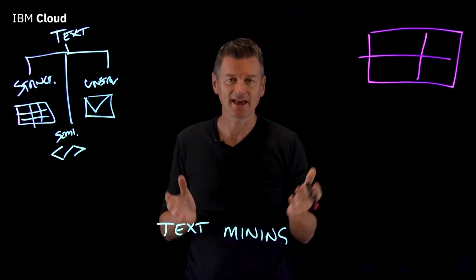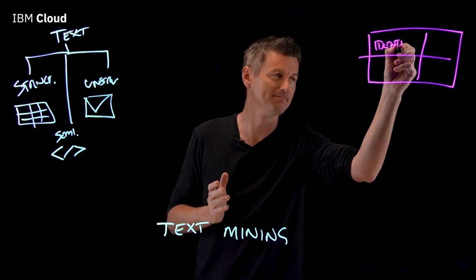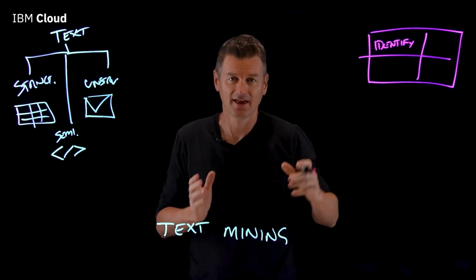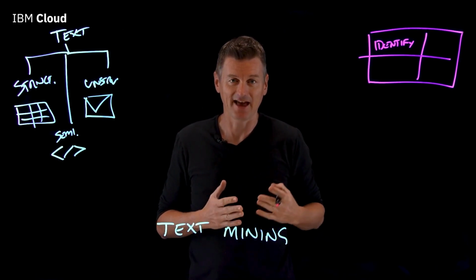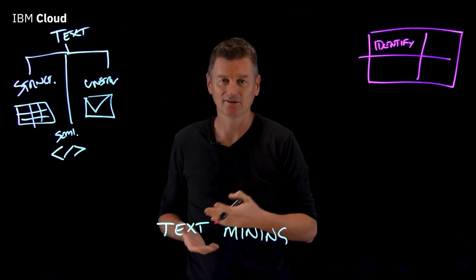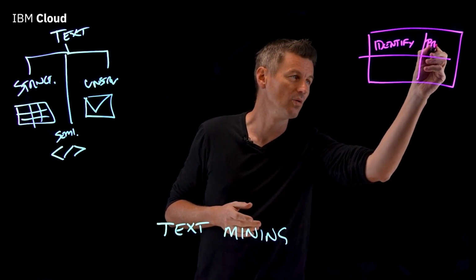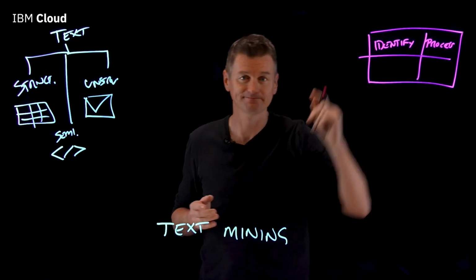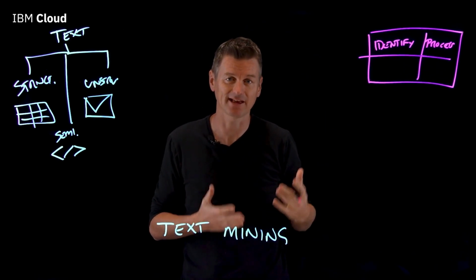Okay, so stage 1, that is identify. This is where we identify the text that is to be mined, and that might be a collection of news articles or product reviews. In stage 2, we process the text to remove noise and to standardize the format.